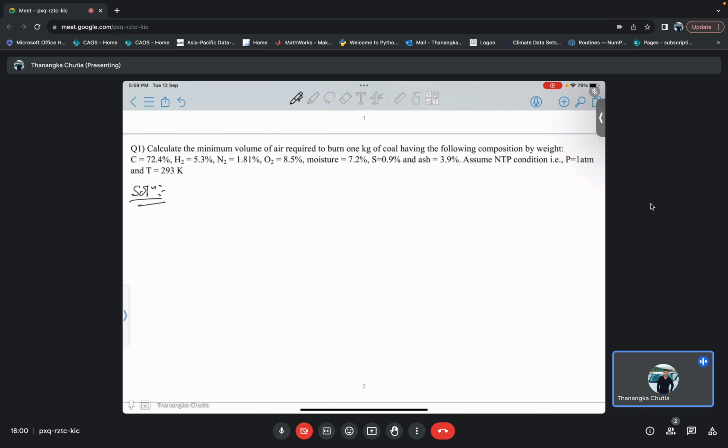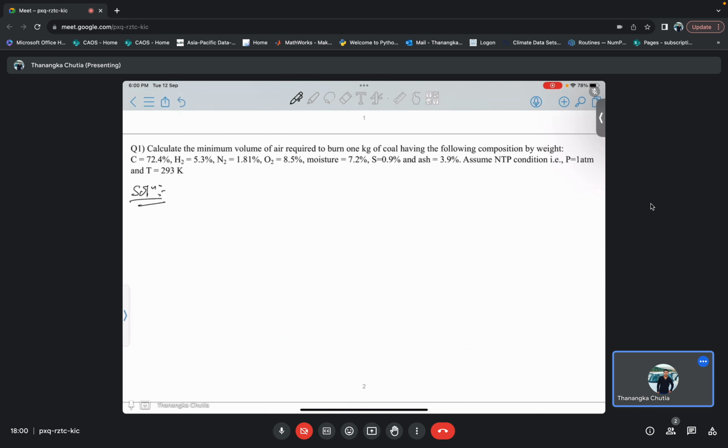You have to assume the NTP conditions, that the pressure is 1 atmosphere and the temperature is 293 Kelvin. So you are given a coal with some composition, and you have to calculate the volume of air that is required for the combustion of these products.